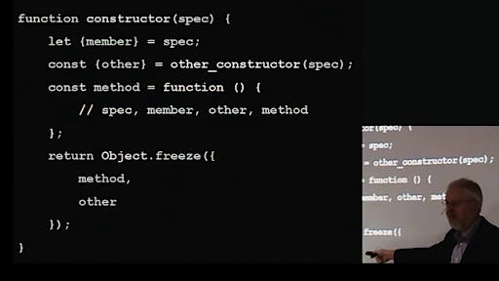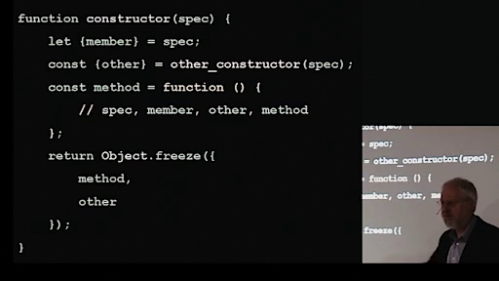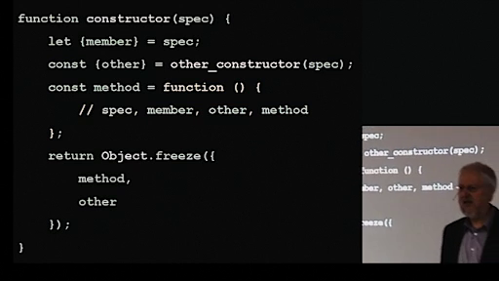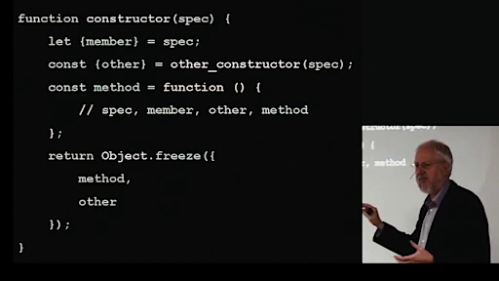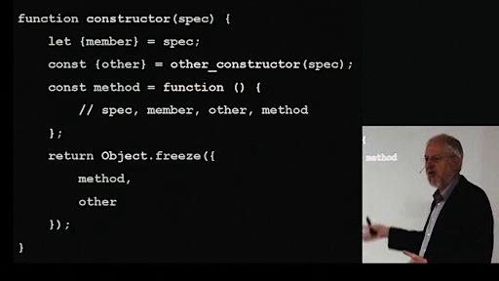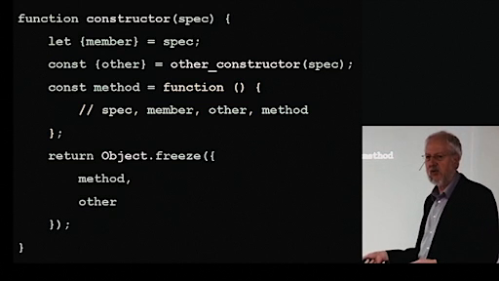So this is short for method colon method, and that's short for other colon other. Again, not essential, but it's nice, and it starts to look more like a declaration than like code, where I'm just giving the list of things that I want to publish.